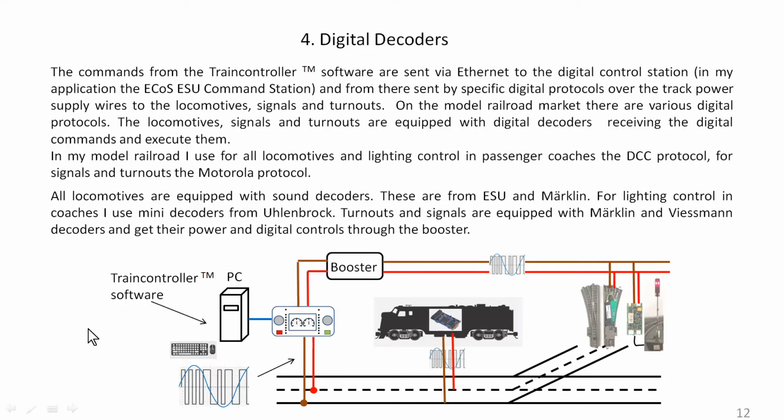The digital signals are modulated on top of the power, and I told you at the beginning that the digital model railroad command or control station provides power to the tracks, and the locomotives carry a decoder and pick up the voltage with a shoe from the middle rail, whereas contact springs pick up the ground from the outer rails of the track.